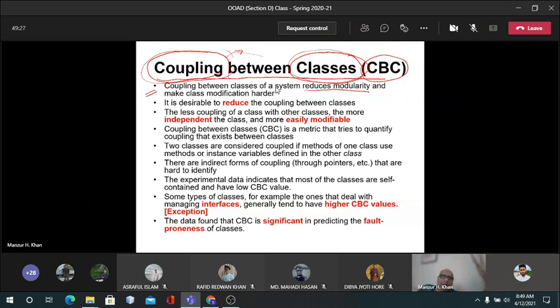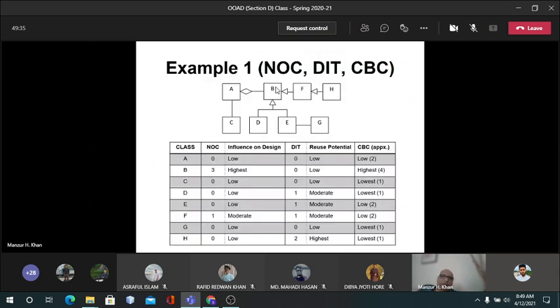So they start with the disadvantage of higher coupling. The more a class is coupled, let's say in this design, class B has got the maximum number of relationships. So that means B has a higher CBC value, approximately. That means change of B will affect a lot of others.